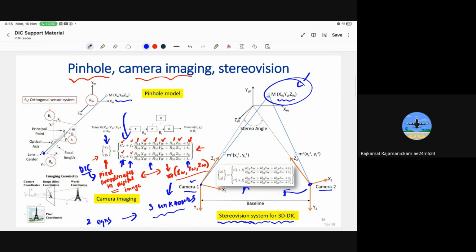In other words, a single camera will help us do 2D measurement or in-plane measurement. So a single camera won't be able to give the Z coordinate, but if the displacement is in plane, not out of plane, a single camera will be sufficient to perform in-plane measurements.